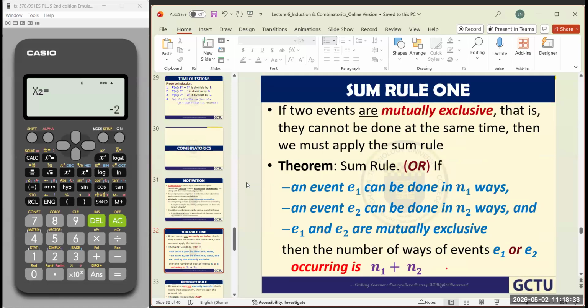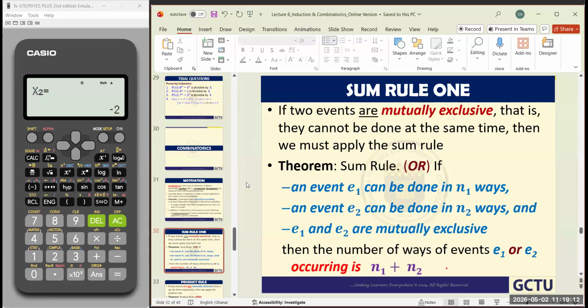If a lady has, let's say, 4 blouses and 5 skirts, and then let's say 10 full dresses, and the question says how many possible attires does this lady have? How many complete dresses does this lady have? Now, you realize that for a lady to have a complete attire, it must be a skirt and a blouse.